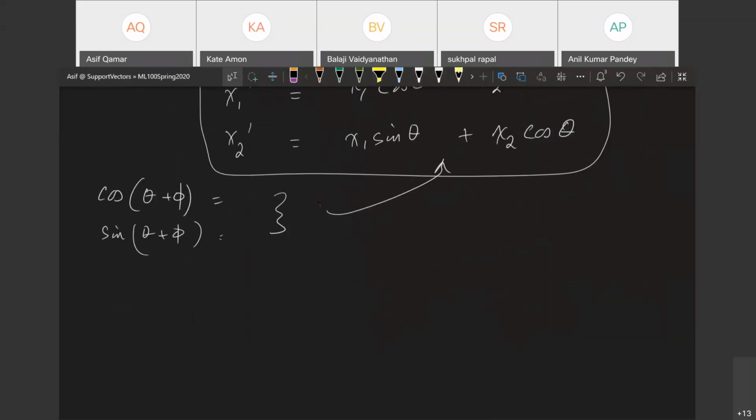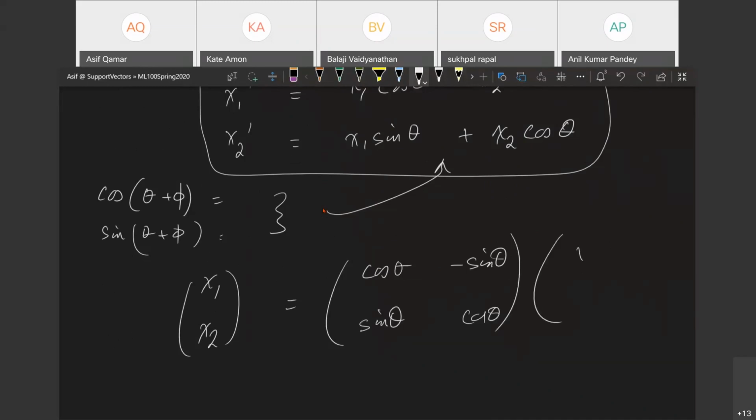Cosine theta cosine phi minus sine theta sine phi. On the other hand, the second one would be sine theta cosine phi plus sine phi cosine theta and so forth. And so from this, the above identities follow. But leave it like that. And so this can be written in a more succinct notation, cosine theta, minus sine theta, as matrix notation, sine theta, cosine theta, times x1, x2.